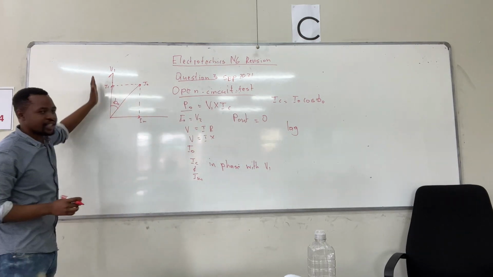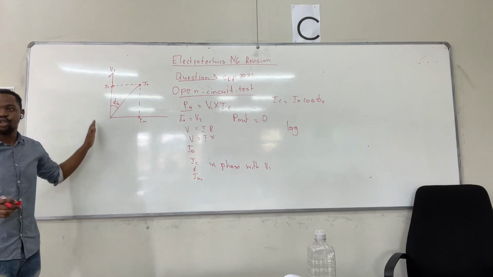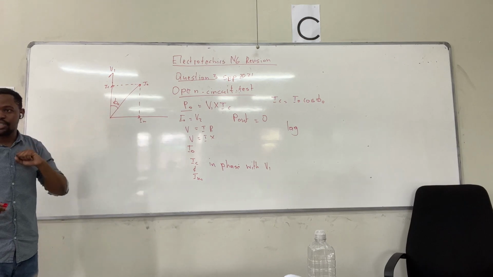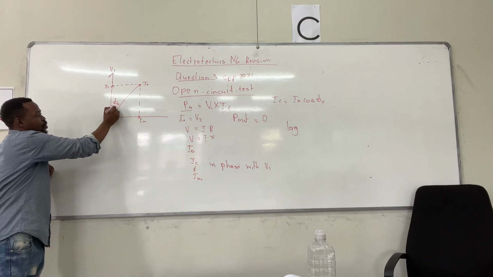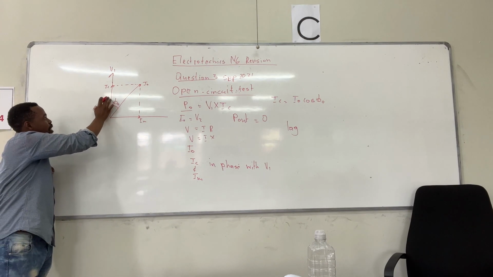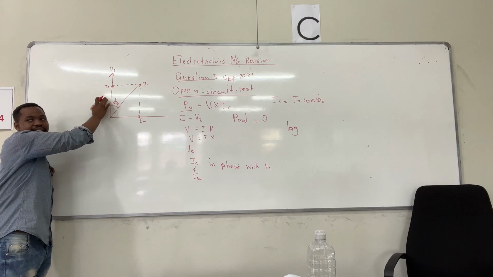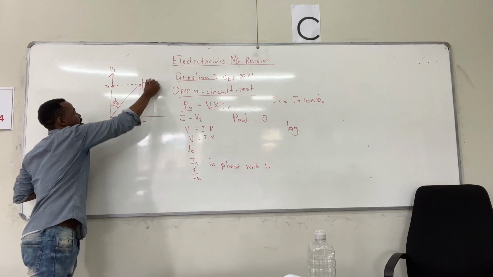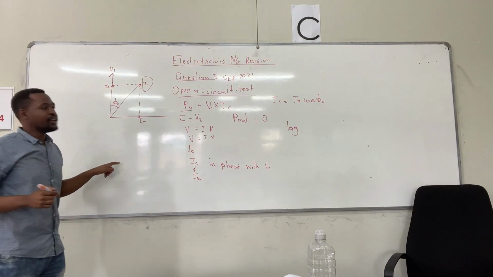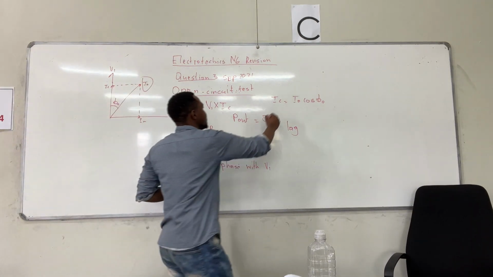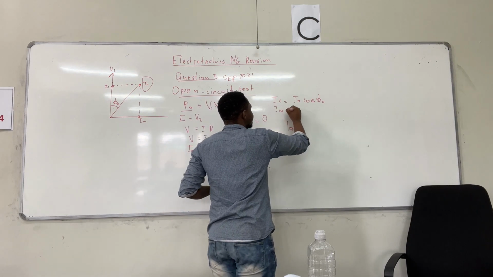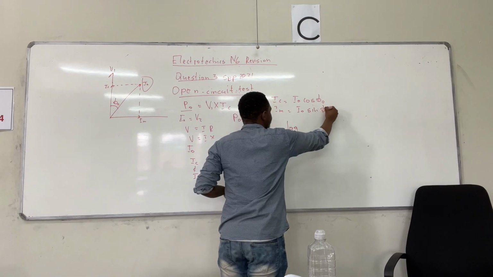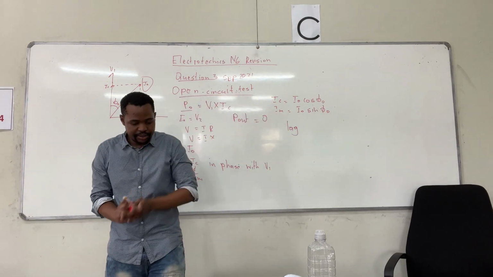This is using trigonometry: with your reference angle, you want the adjacent side, so you use cos times the hypotenuse. Then IM is equal to I naught sin phi naught.